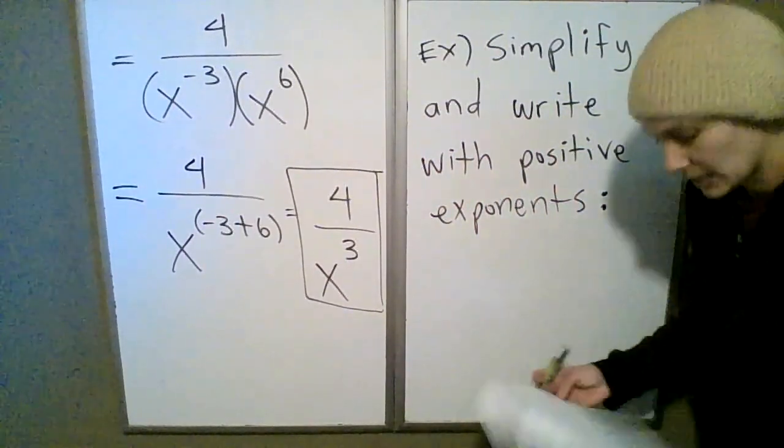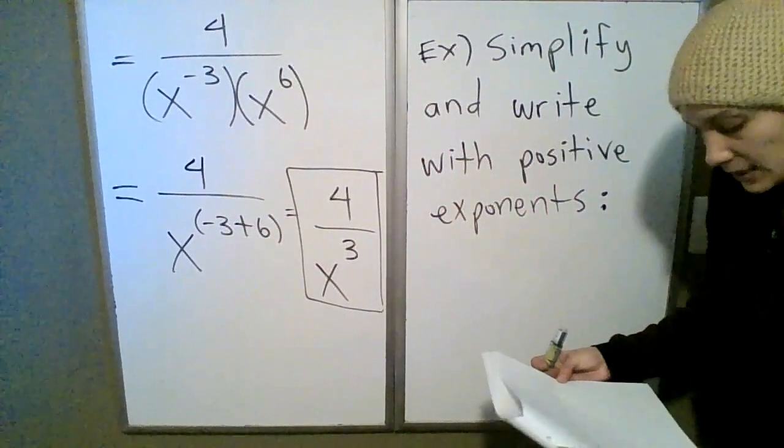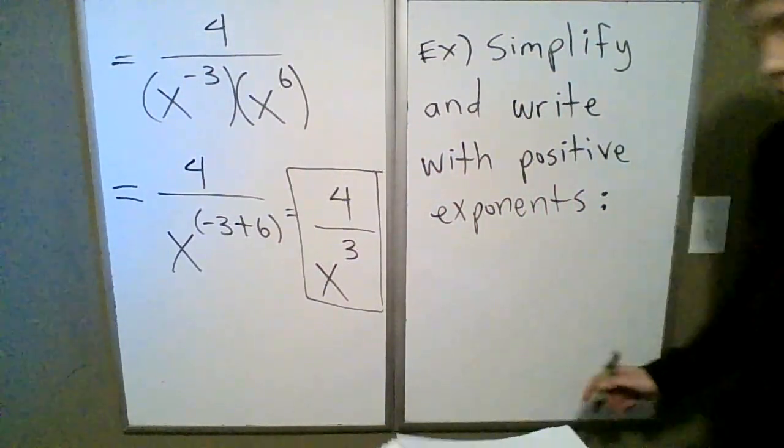Okay, we're taking a to the -4th, b to the 5th.